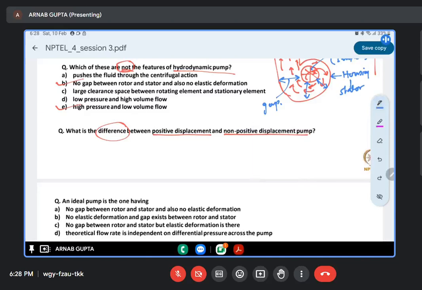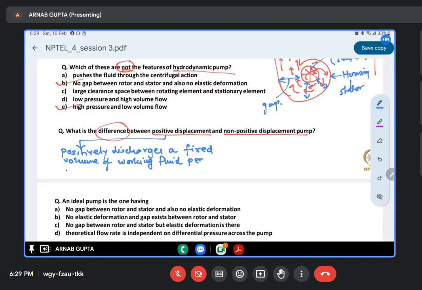Generally, by definition, a positive displacement pump positively discharges a fixed volume of the working fluid per cycle or per revolution.